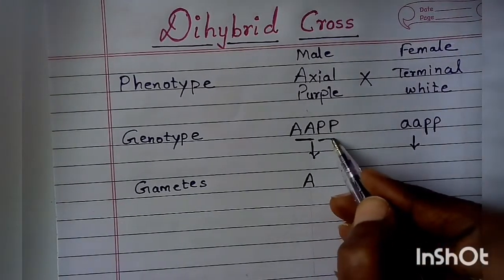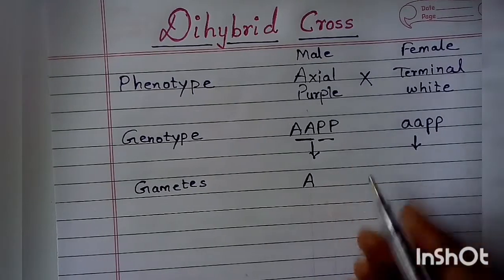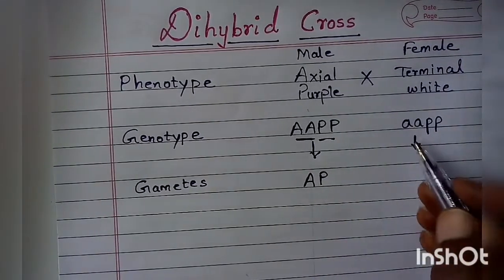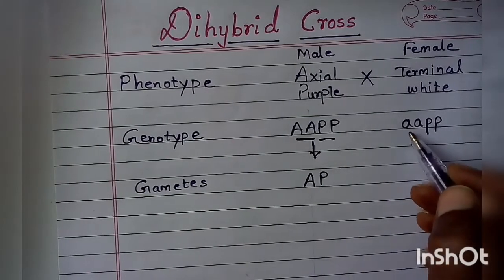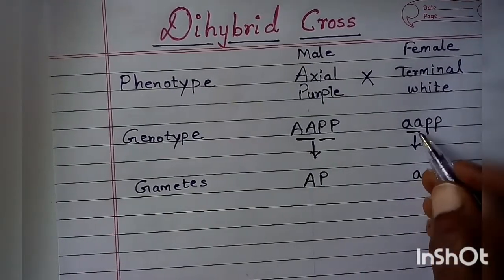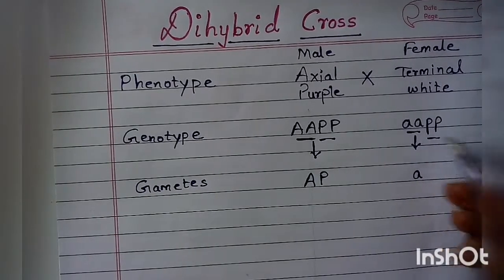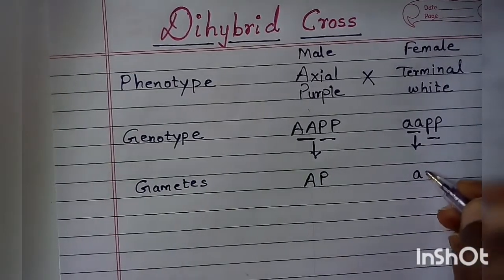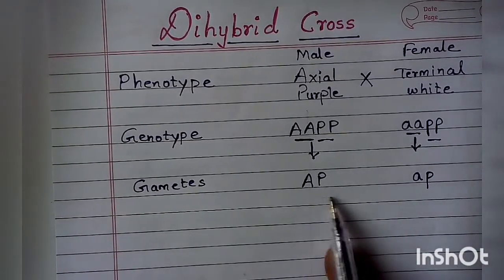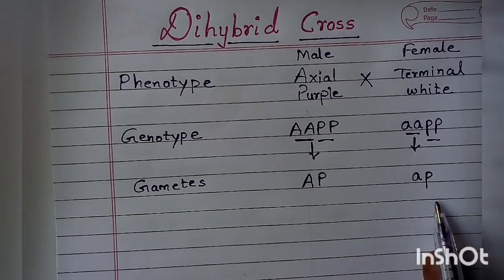Same thing for these also: capital P, we'll write it only once. Same for the female parent. Since these both are the same, we'll write only one small a. For these small p, we'll write only one small p. So this is the male gamete and these are the female gametes.